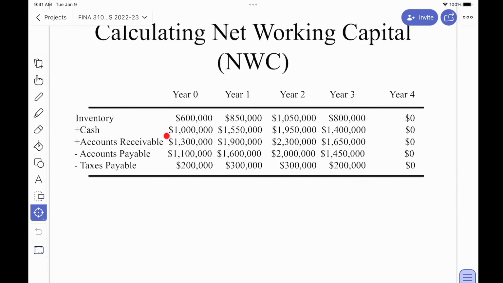We need cash, right, to pay off any suppliers or any people contracted to maybe repair the planes, okay? We also have to have money set aside for accounts receivables, then accounts payable and taxes payable. So these are current assets, these are current liabilities, current in that they are resolved within a year.